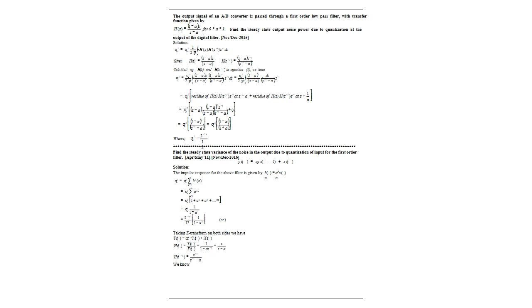So that is (z minus a) into (1 minus a) squared z inverse by (z minus a) into (z inverse minus a) plus 0. So that is (1 minus a squared) by (z inverse minus a), that is equal to sigma e squared into (1 minus a) by (1 plus a), where sigma e squared is equal to 2 to the power of minus 2b by 12. So this will be the answer.